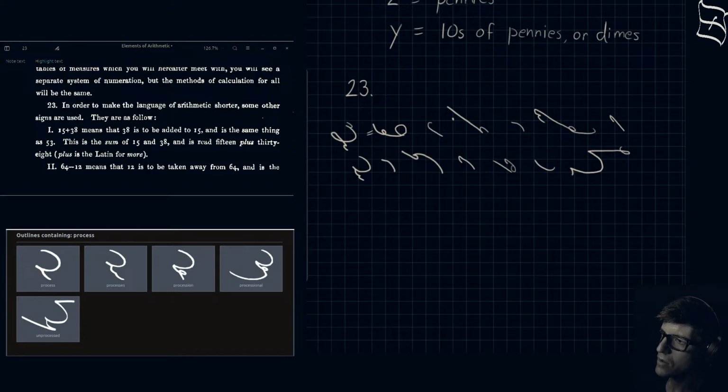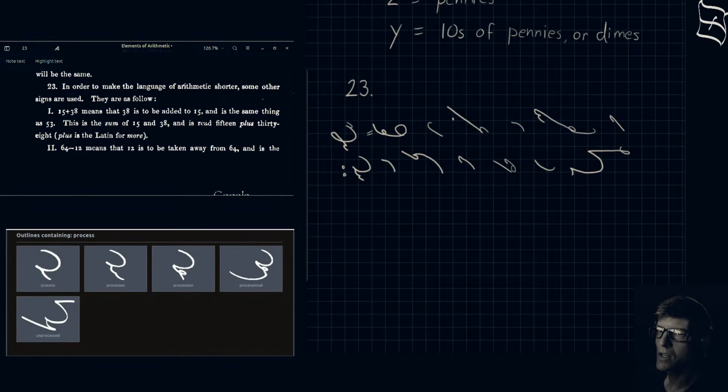All right, so to reduce the wording for arithmetic operations, certain symbols are used to denote the processes. And then we will list those processes below. Those processes are as follows.